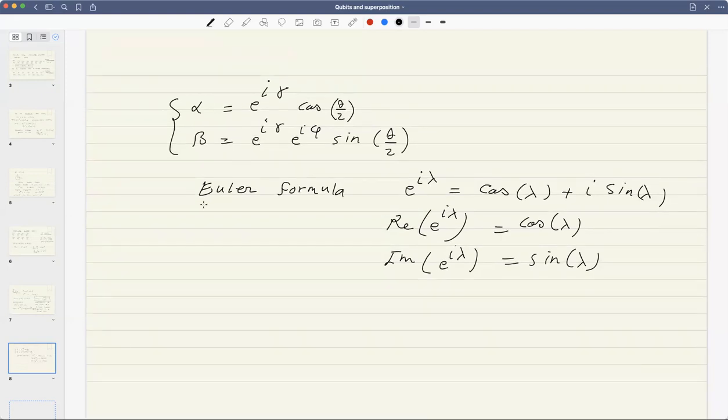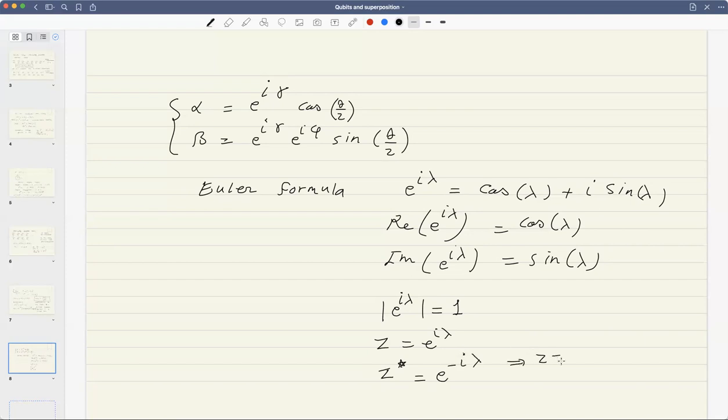Okay, so then the consequence of this is e to the I lambda absolute value is always 1. How do I know this? Well, I need to multiply that by its complex conjugate, right? So if z is e to the I lambda, then z star, the complex conjugate, is going to be, I just change I to minus I, so it's going to be e to the minus I lambda.